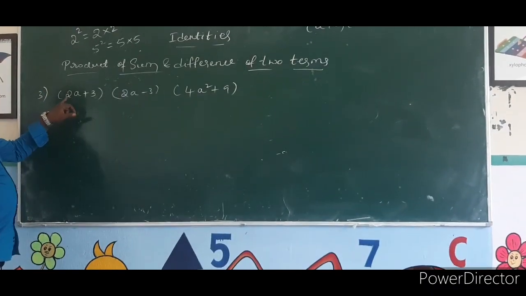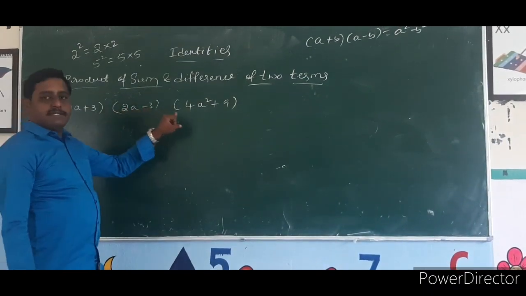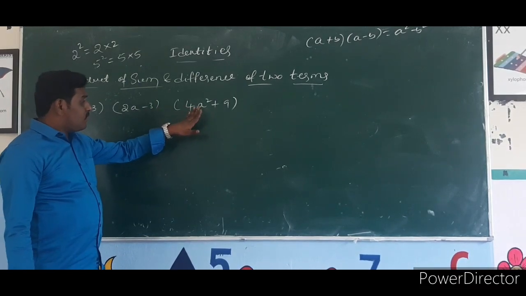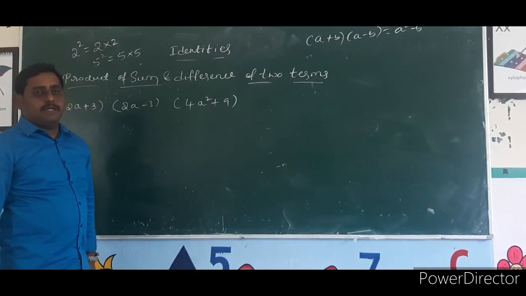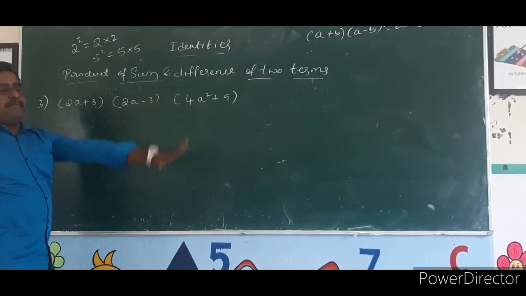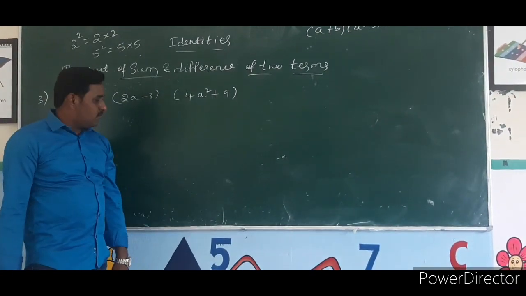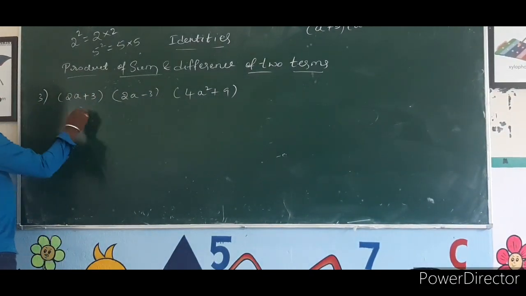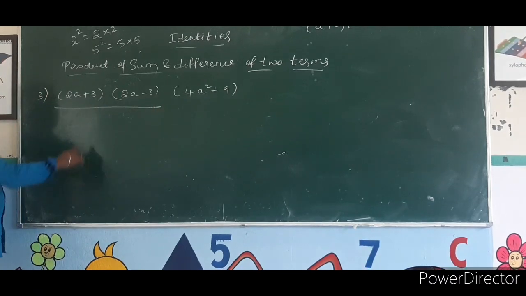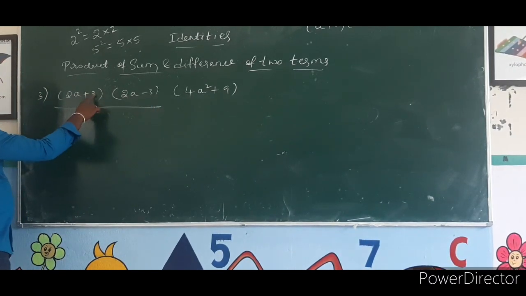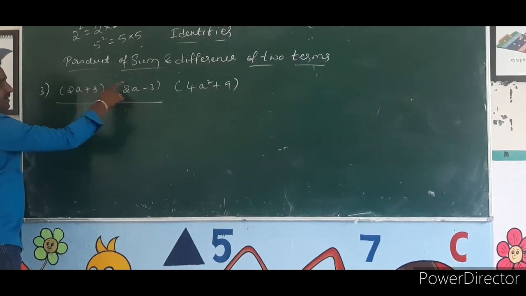Next problem: (2a + 3)(2a − 3)(4a² + 9). When they give this type of problem, how are we going to solve it? Look at this product. First term same, second term same, in between plus and minus.